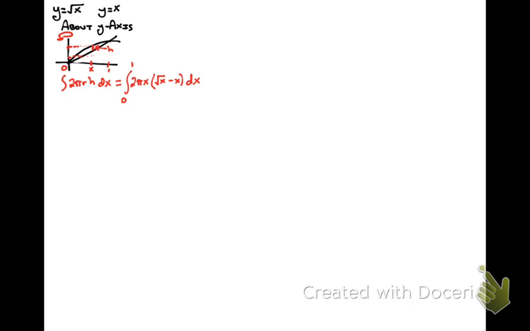Now all that's left to do is simply to integrate this. This is a little bit easier if we clean this up. So I can rewrite it as, I'll take the constant out, 2 pi, and integrate that from 0 to 1. I'm going to distribute in the x to get x to the 3 halves minus x squared dx.